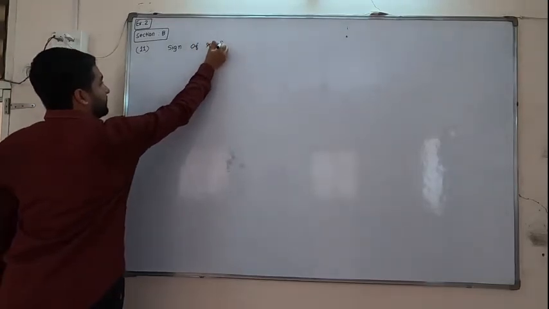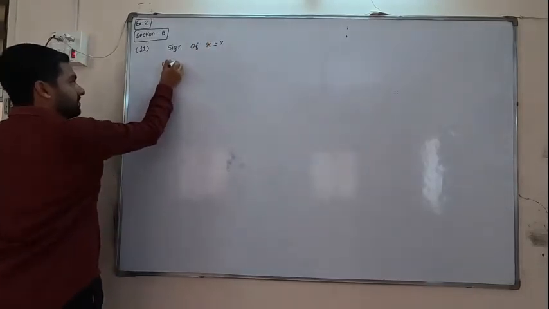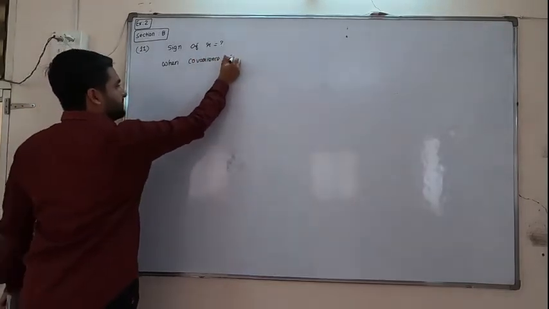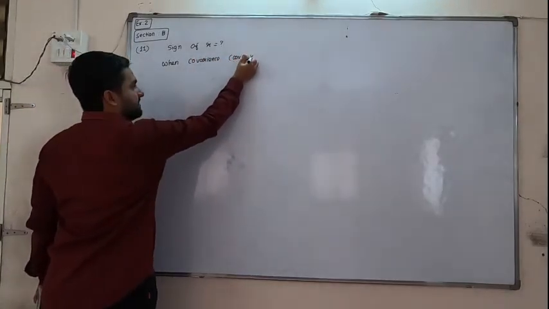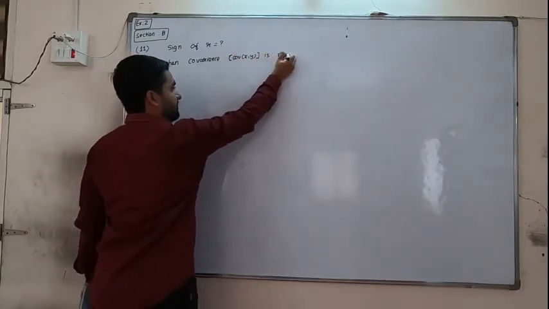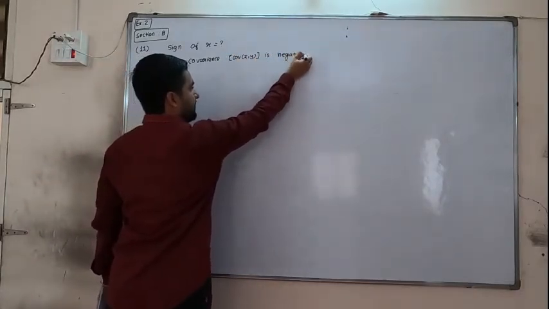Sign of R, question mark, when covariance, that is covariance xy, is negative.